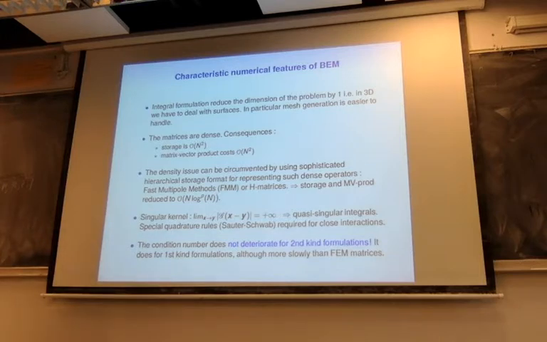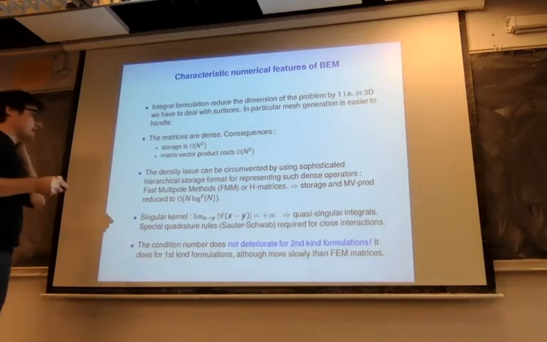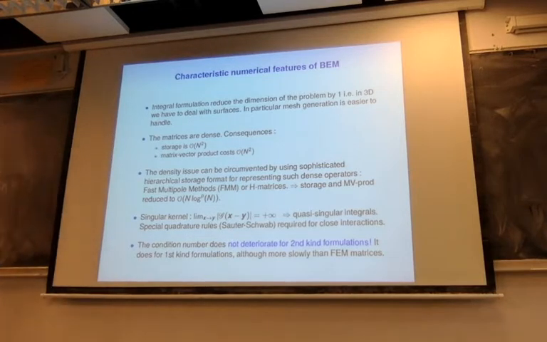This is interesting in many respects, in particular for mesh generation, because you have to generate a surface mesh instead of a volume mesh. But the matrices are dense, and the consequence is that if n is the size of the problem, you need O(n²) storage, a priori, and the matrix vector product will cost O(n²). So this is quite expensive.